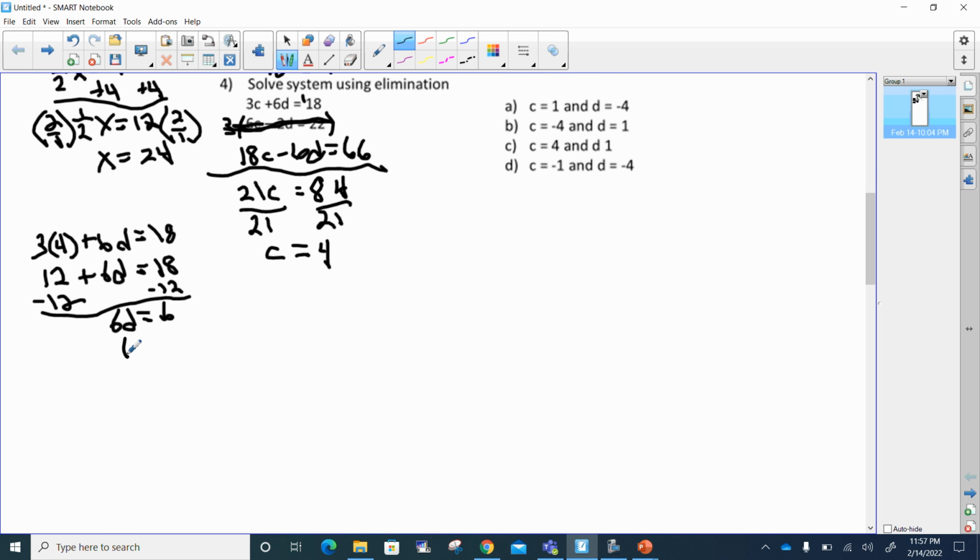Now I got to divide by 6 to get d by itself, which means I'll divide this side by 6. 6 divided by 6 is 1, and 6d divided by 6 is d. So d has to equal 1. So c equals 4 right here, and d equals 1. So my answer has to be C.